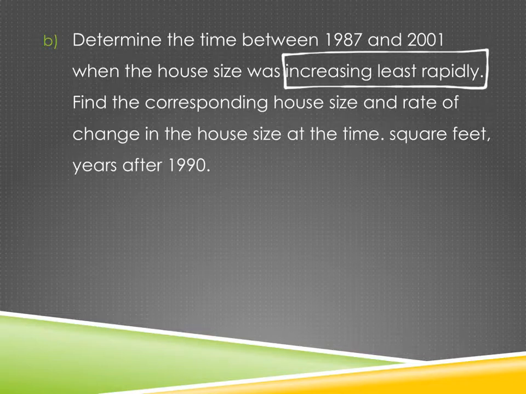Jot that down in your notes somewhere. So it wants to know between 1987 and 2001, what x value, what year, is the inflection point occurring in. And then it wants you to find the corresponding house size and rate of change in the house size at that time.